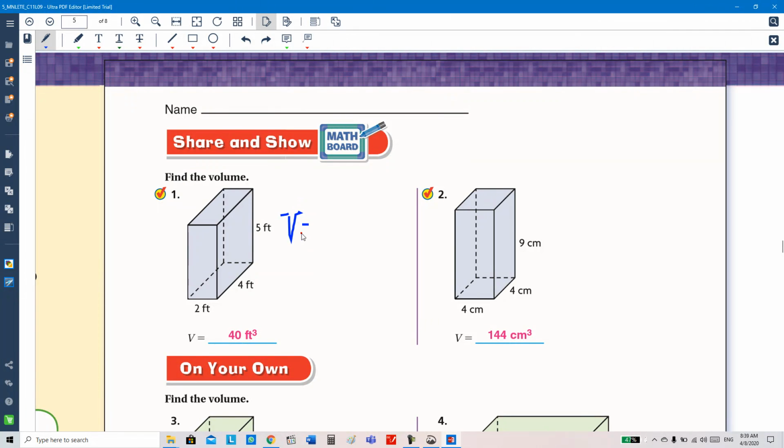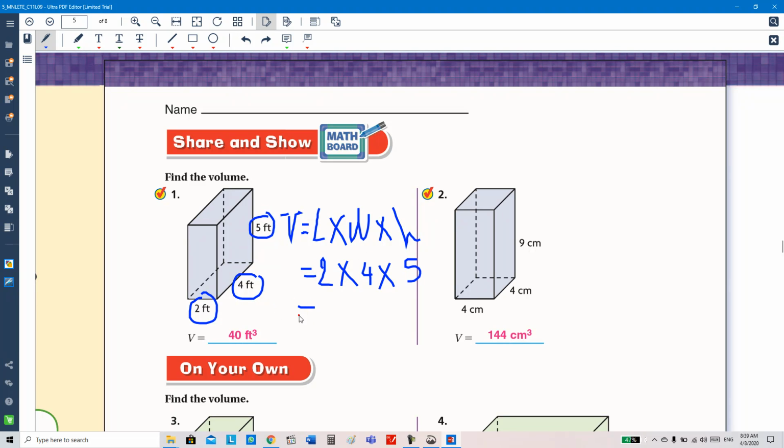Volume equal length times width times height equals length equals 2, so we write here 2 multiplied by width with 4 multiplied by height, which is 5, equals 2 multiplied by 4 by 5. 2 multiplied by 4 first equals 8 multiplied by 5 equals 40 cubic feet.